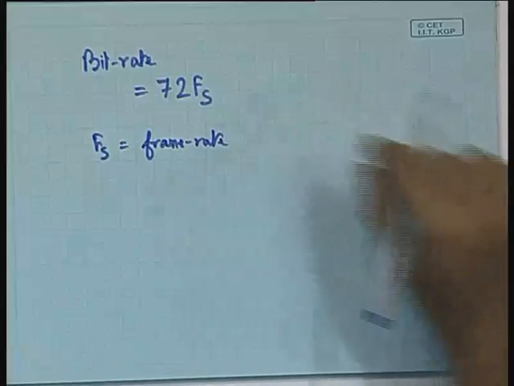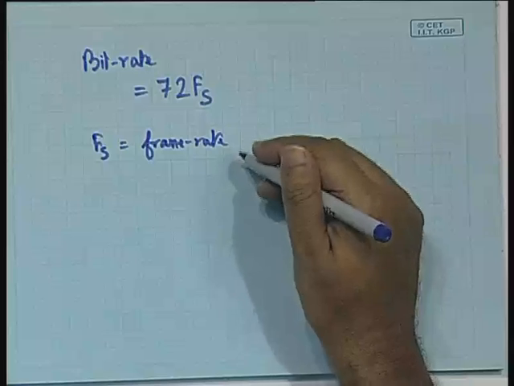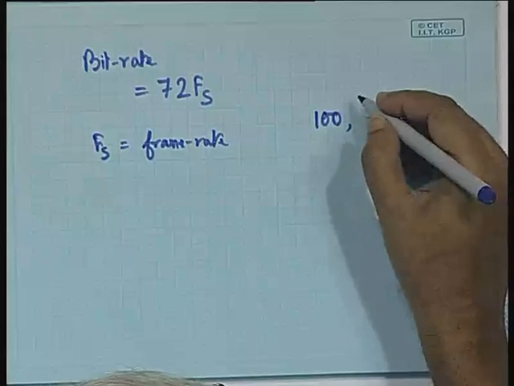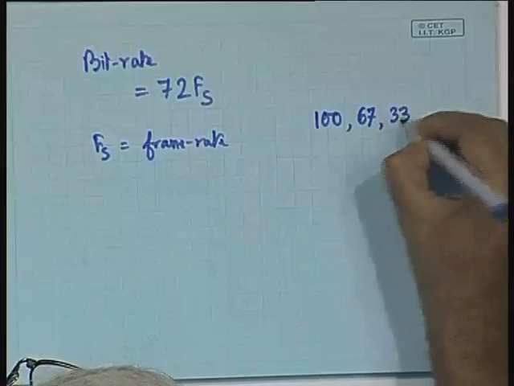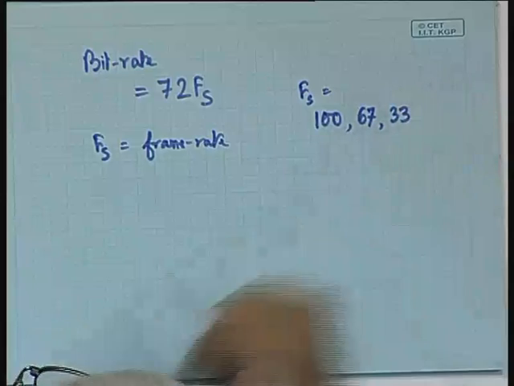Now a typical frame rate is seen to be of the order of 100, or 67, or 33. These are some of the typical values that one uses for fs.